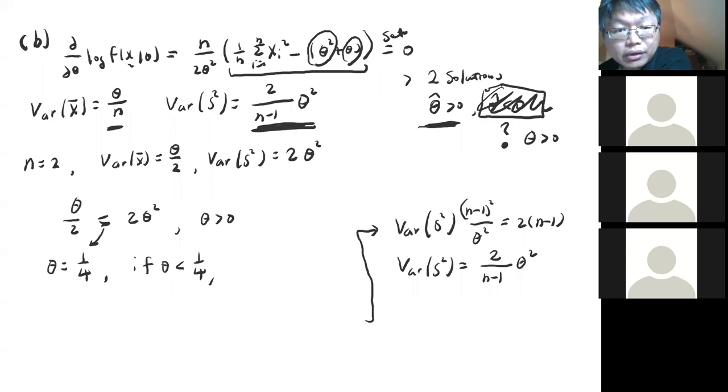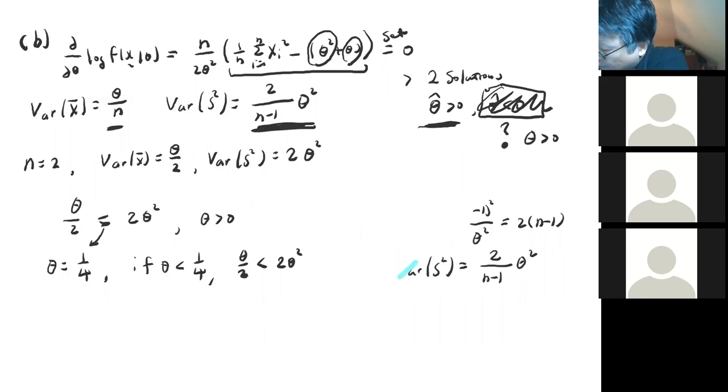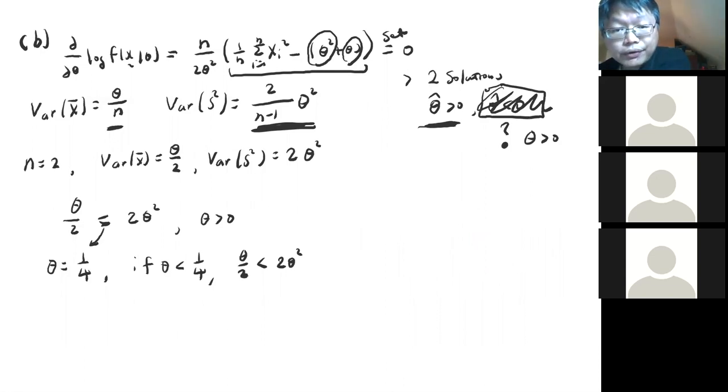I think if theta is smaller than 1/4, you could double check it. That means if theta is smaller than 1/4, then theta divided by 2 is smaller, so the variance of x bar is going to be smaller than the variance of x squared.